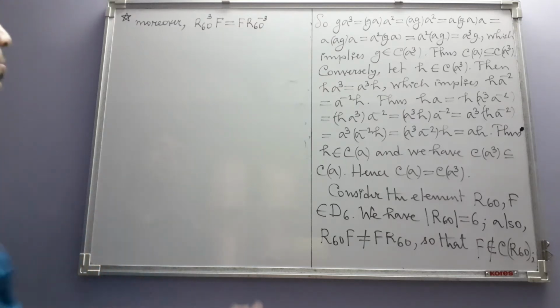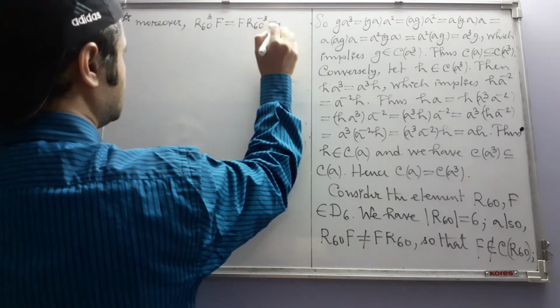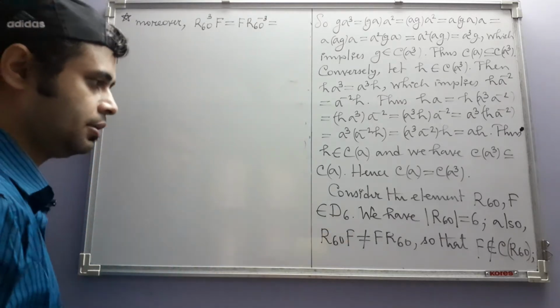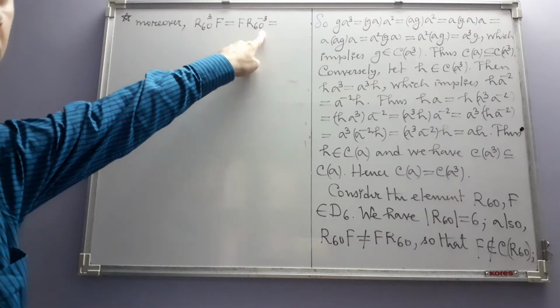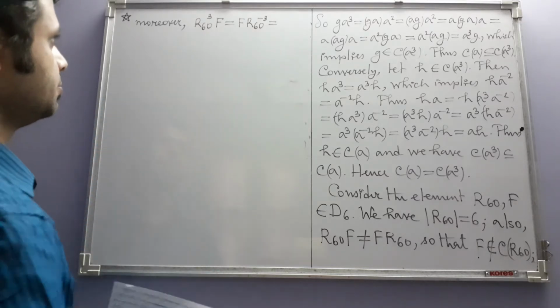This is true. And because the order of R60 is 6, these two powers of R60 are in fact equal.